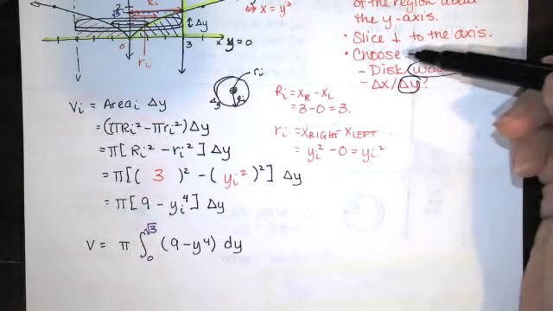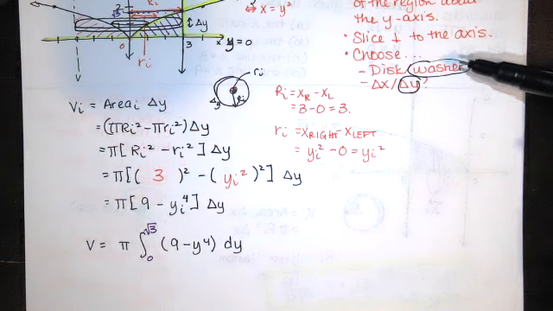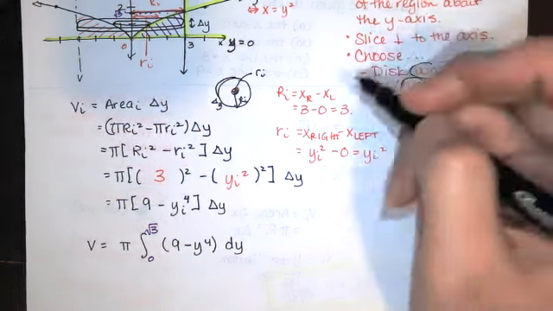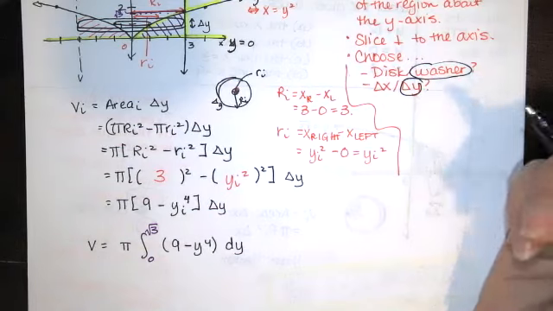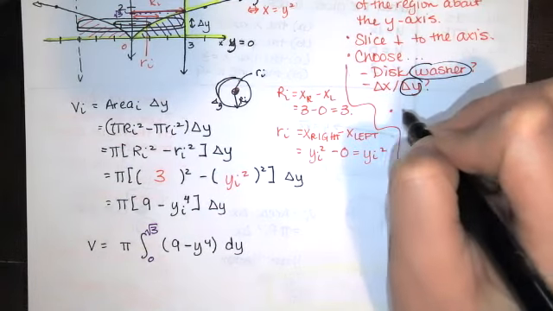So what did we do? We chose the washer method, and we realized that we were integrating with respect to y. Then we found the volume of the ith washer.